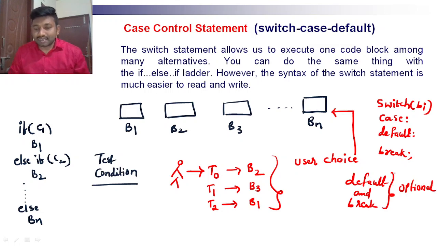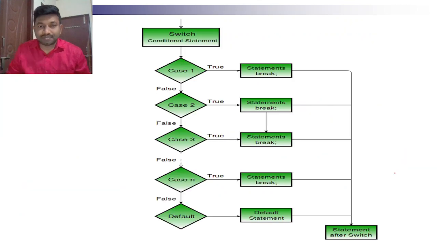Okay, fine. Let us see the flow diagram of the switch statement. You can see it on screen. Initially, when you write the program, you write switch here. For the switch, what you need to give is which block you would like to execute. So the index of the block or the block number you have to supply as a parameter.